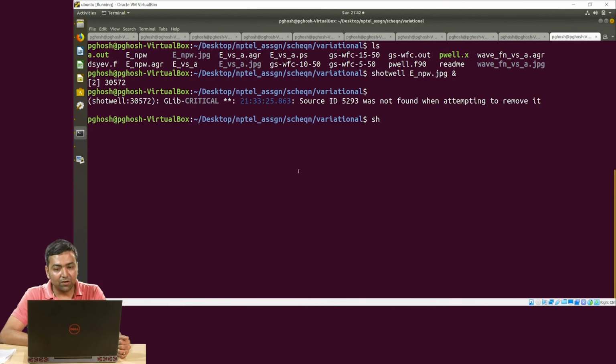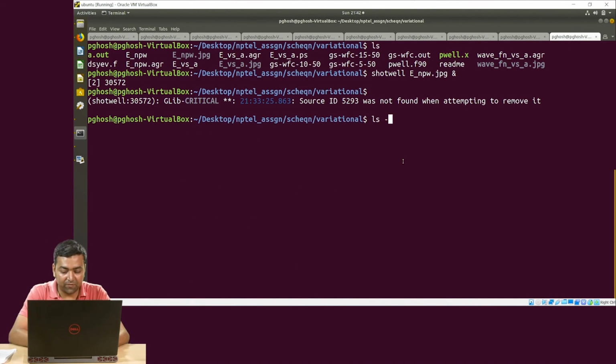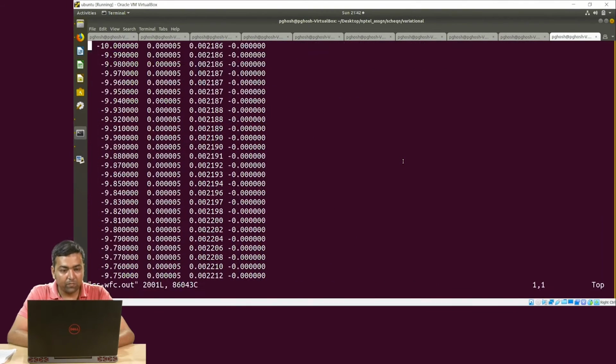Now, let us look at how my wave function looks. If I open the output file where I have stored my wave function, you see there are 4 columns here.